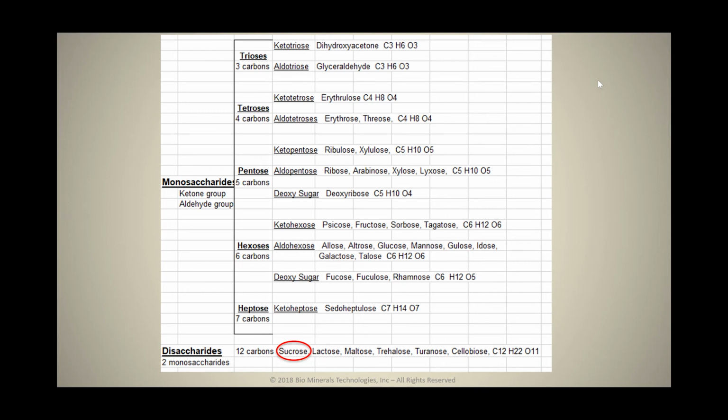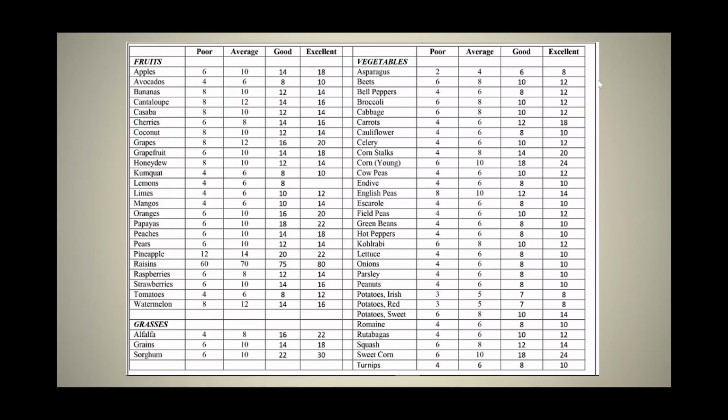In the first 12 carbon chain disaccharide group, there's a sugar called sucrose. And this is what we measure with a refractometer. It's a light refractive measurement of the sucrose sugar. With a Brix meter, we can look at what our Brix is telling us on the level of sucrose.